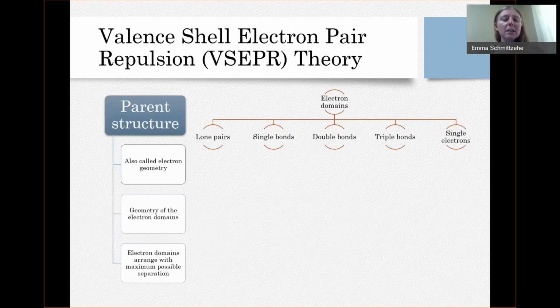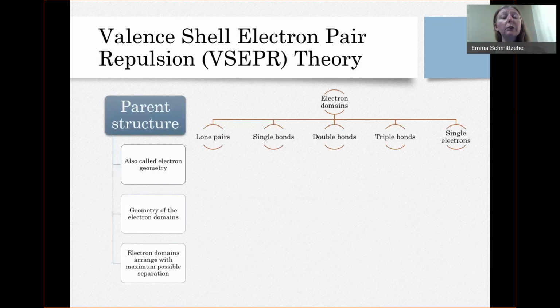So those electron domains are going to arrange so that they have the maximum amount of space. They're going to space out to where they're separated the most. That's going to yield a low energy structure, because those repulsions aren't favorable. They want to get away from one another, and the further away they can get, the lower the energy of that system.